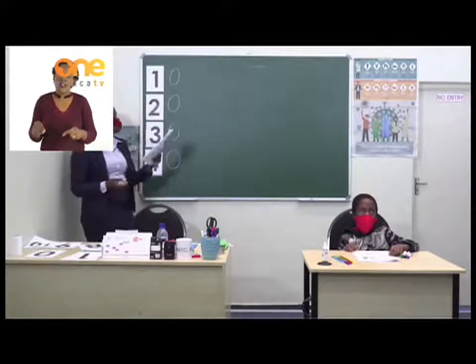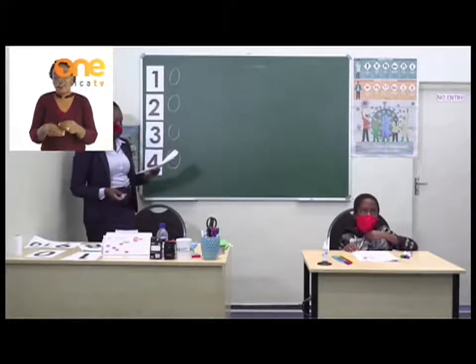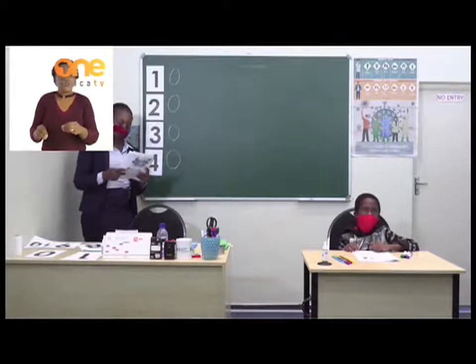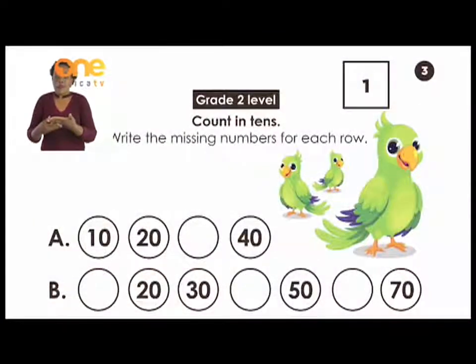Now we want to fill in the missing numbers from our booklet. Let's go to A. We have 10, then 20, and there's a missing number, and we go to 40.